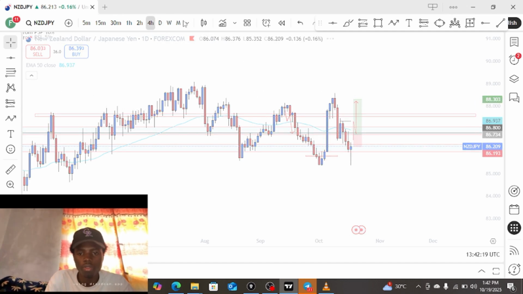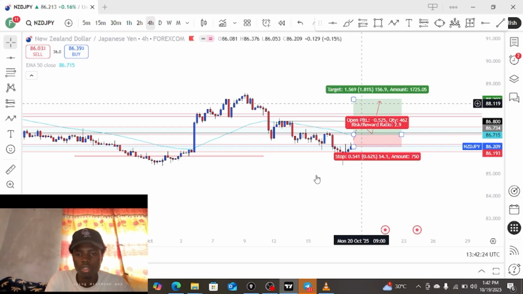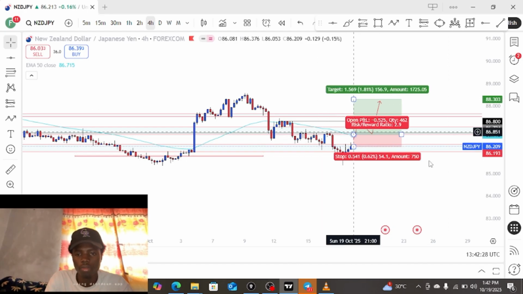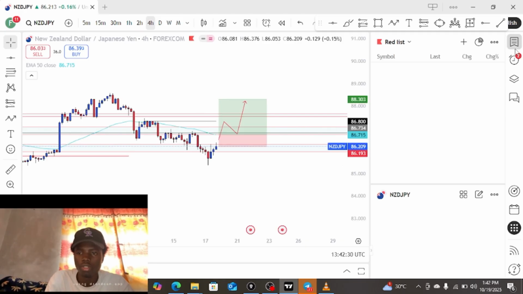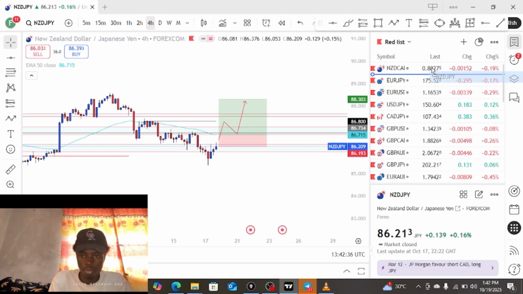And then the 4-hour also hit a shift of structure, and then to give us that left shoulder, head, right shoulder pattern. So this will be next to GBP AUD. Oh, sorry. EUR USD and GBP USD.